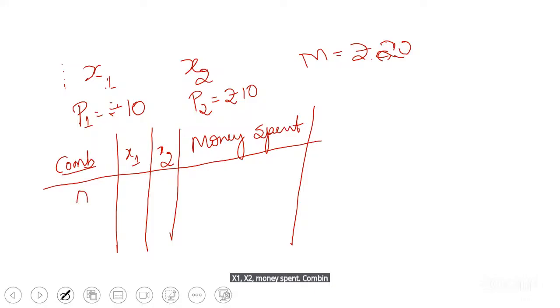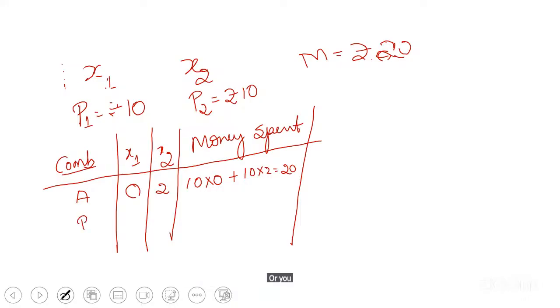Combination A, 0 of X1, 2 of X2. Am I right? So 10 into 0 plus 10 into 2 is equal to 20. Correct? So you have spent all your 20 rupees.